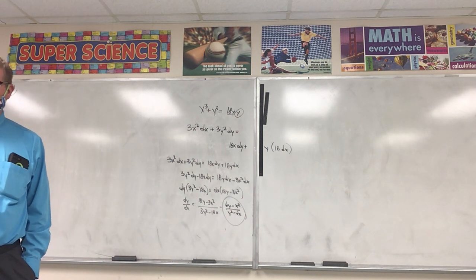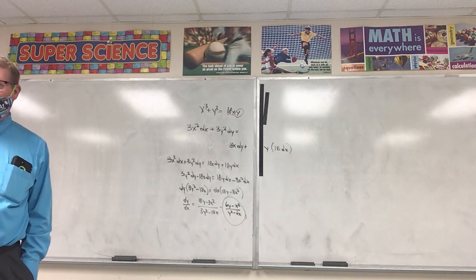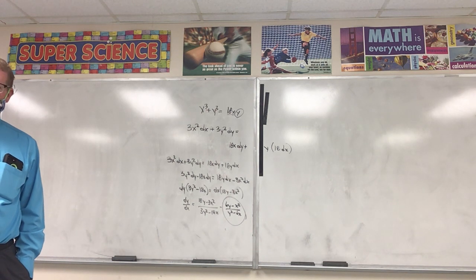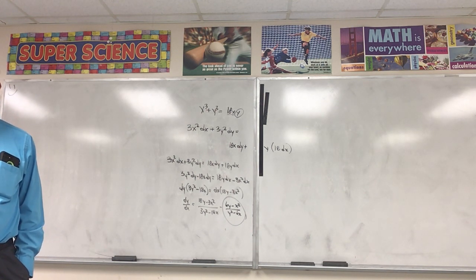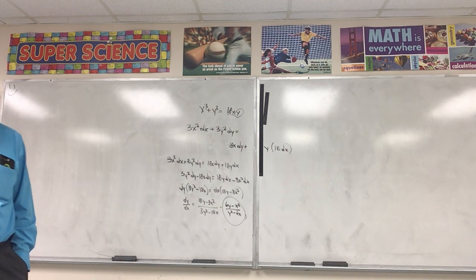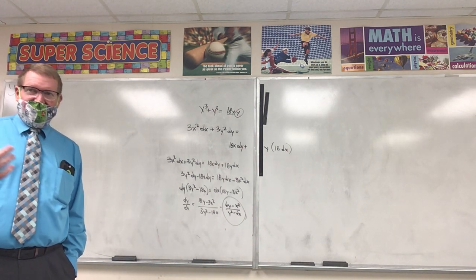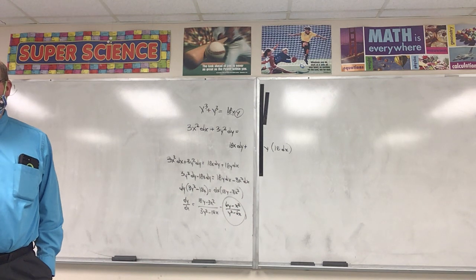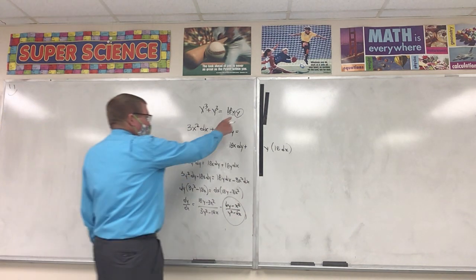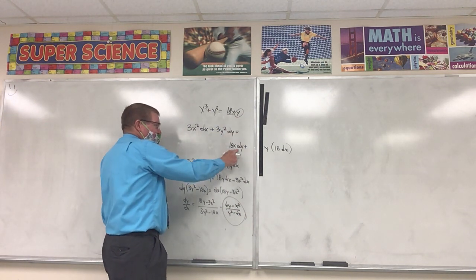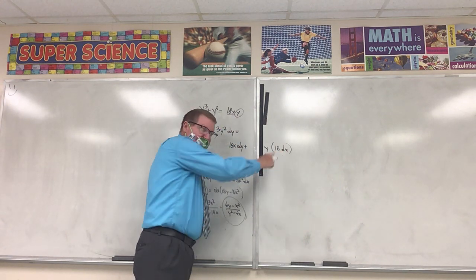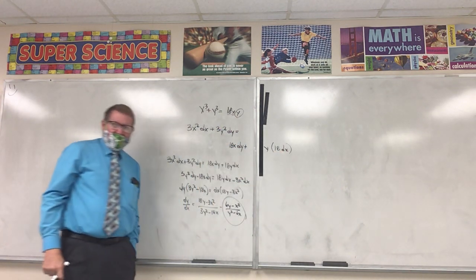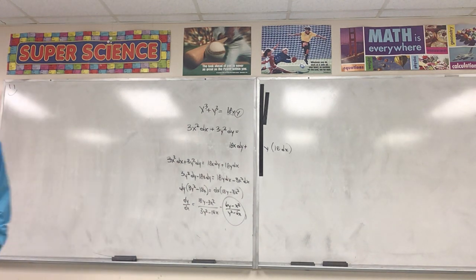So if I took the derivative of something that had a w, then it would be dw. If I took something that had an a, then it would be da. Anytime I take a derivative of a variable, it's always going to be d whatever that variable is. So here I take the derivative of y, so it's dy. Here, I ended up taking the derivative of 18x, so therefore it's dx. Whatever I take the derivative of, that's what I'm going to have.